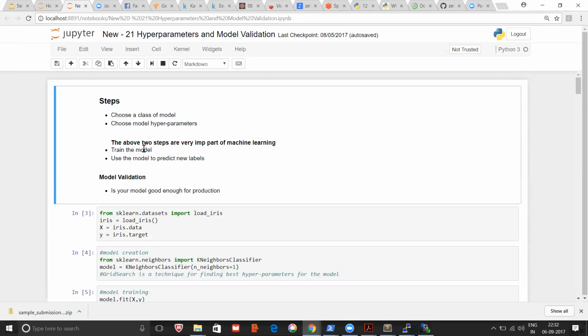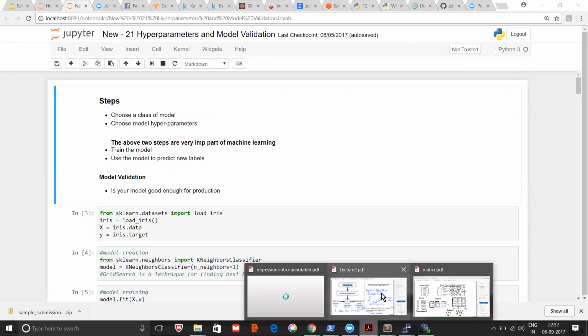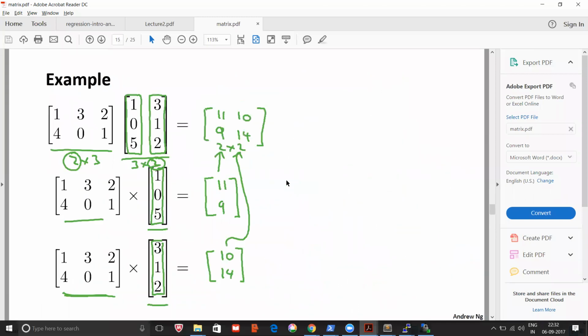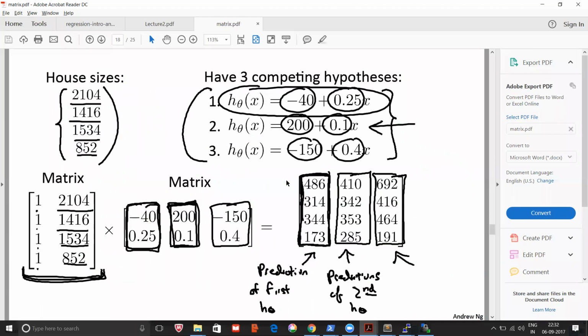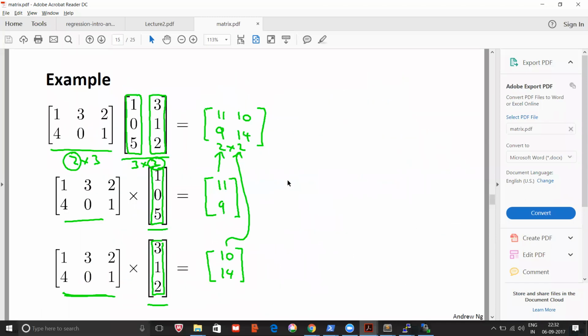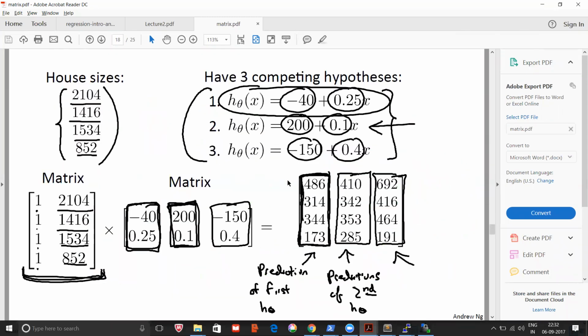Last time we saw how to calculate mathematically linear regression, right?